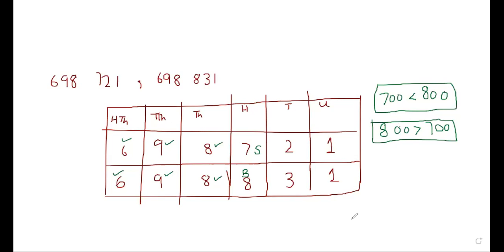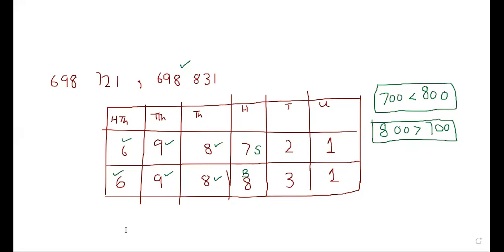Now come back to the point again. So we can clearly see that 7 is smaller than 8, which makes this value greater than this value. Second value is greater than first value.